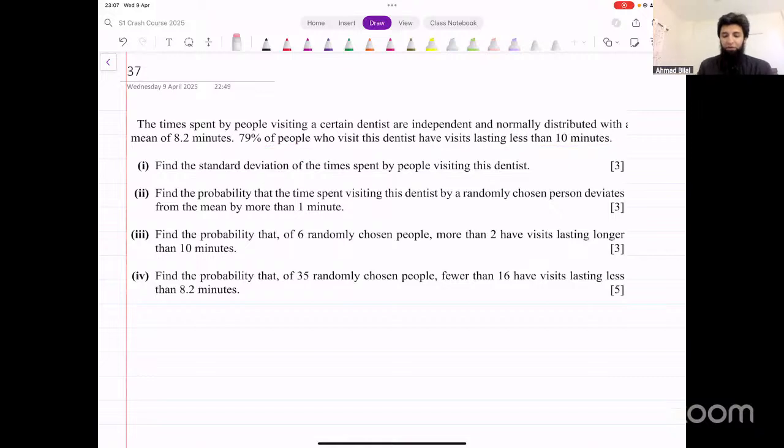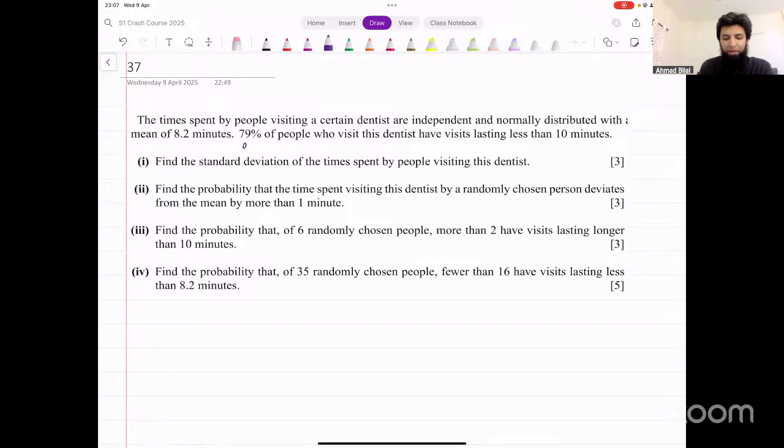And what we have to do is find the standard deviation for this data. So the probability is given. What probability is given? 79%, right? So percentage can be thought of as probability as well. We can say there's a 0.79 probability that if you were to choose someone randomly, they would have visits lasting less than 10 minutes.